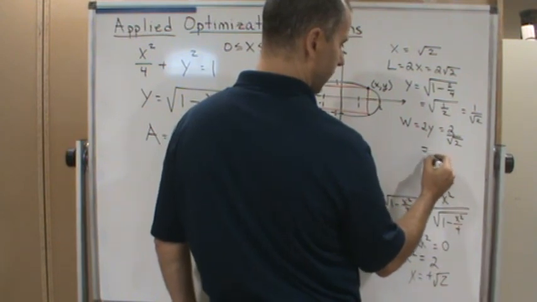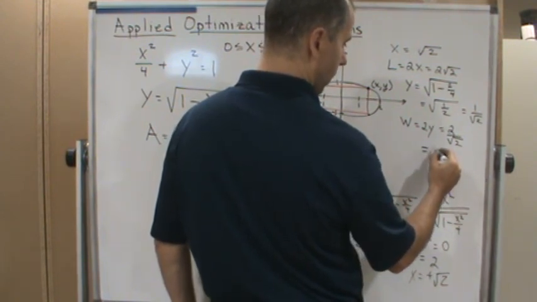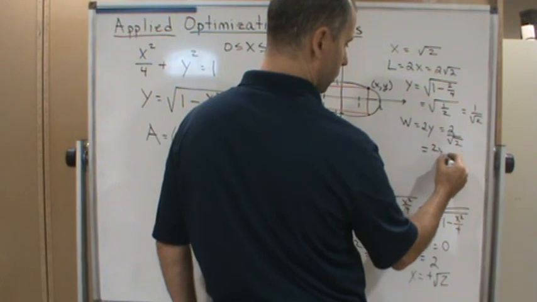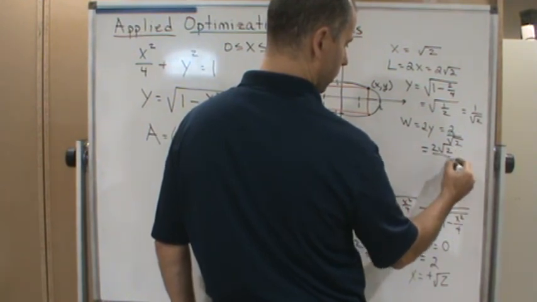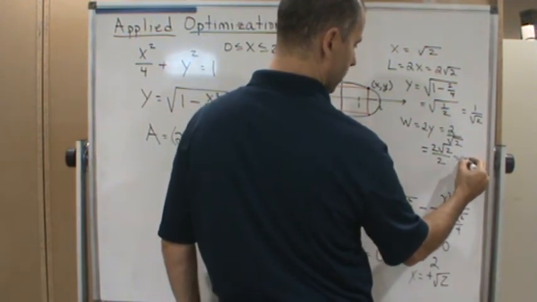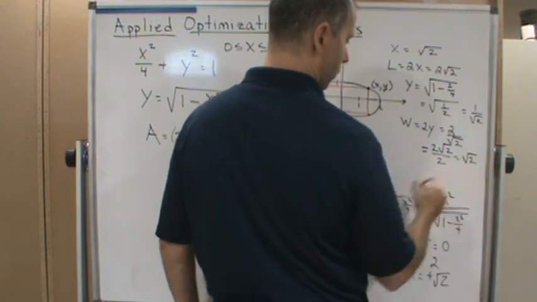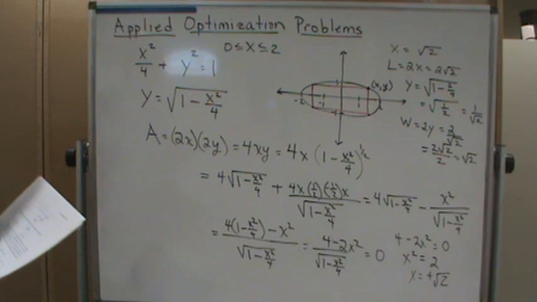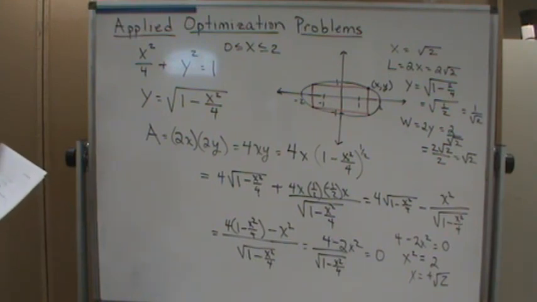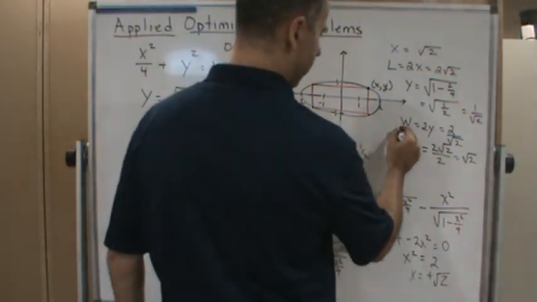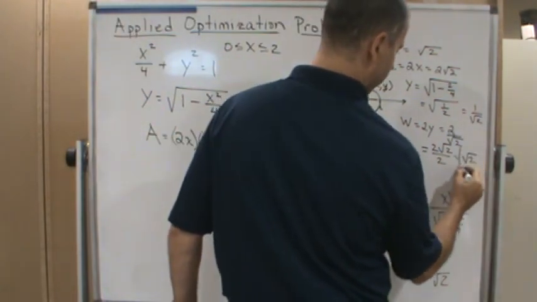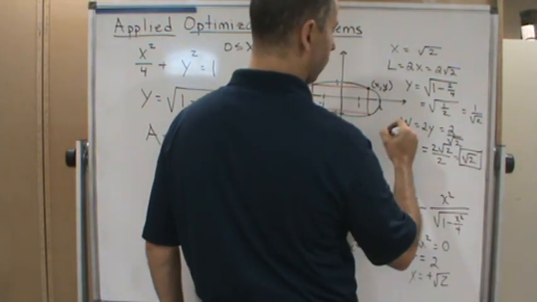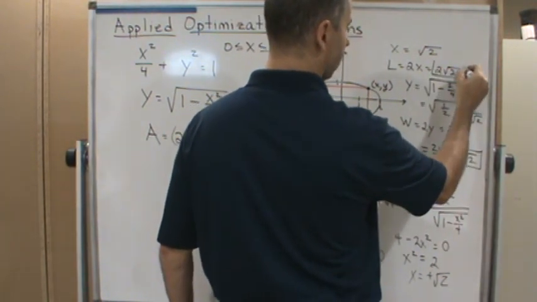And so that gives us 2 root 2 over 2, which just equals the square root of 2. So now we've got our width and our length right there.